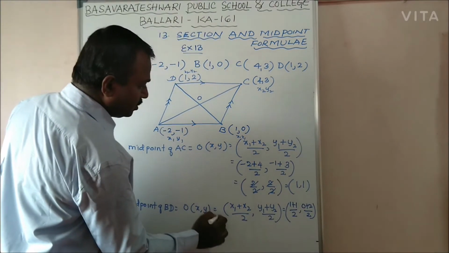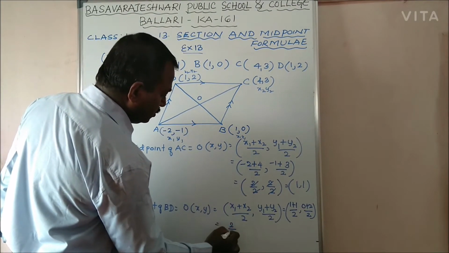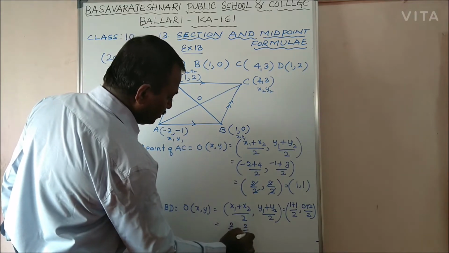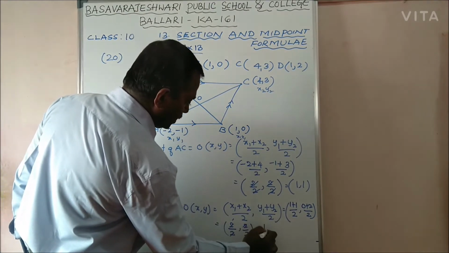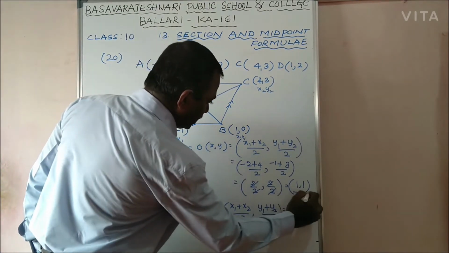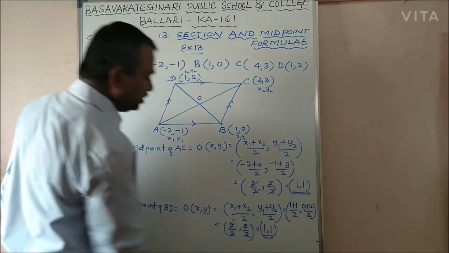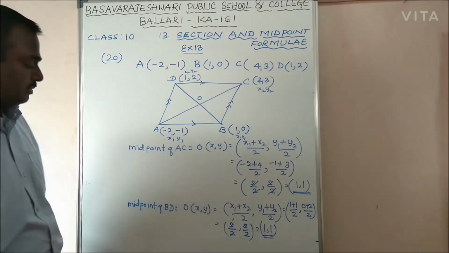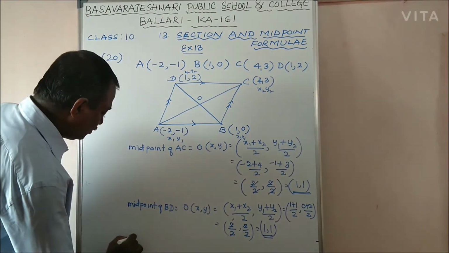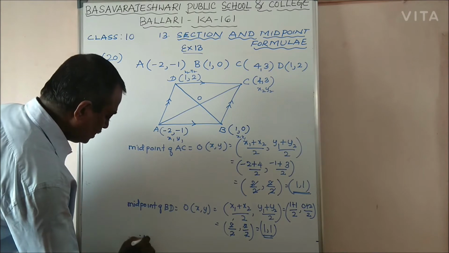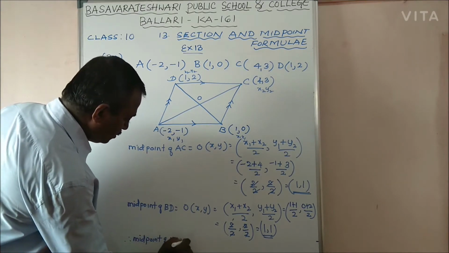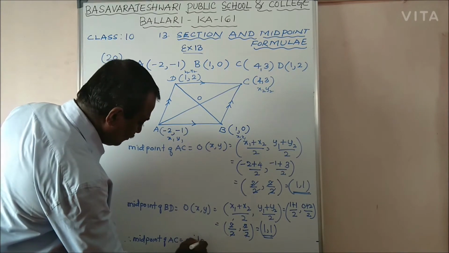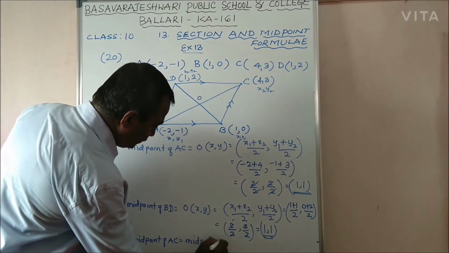So that is equal to 2 by 2, 2 by 2. That is the answer (1, 1). Here also, the midpoint of AC is equal to the midpoint of BD.